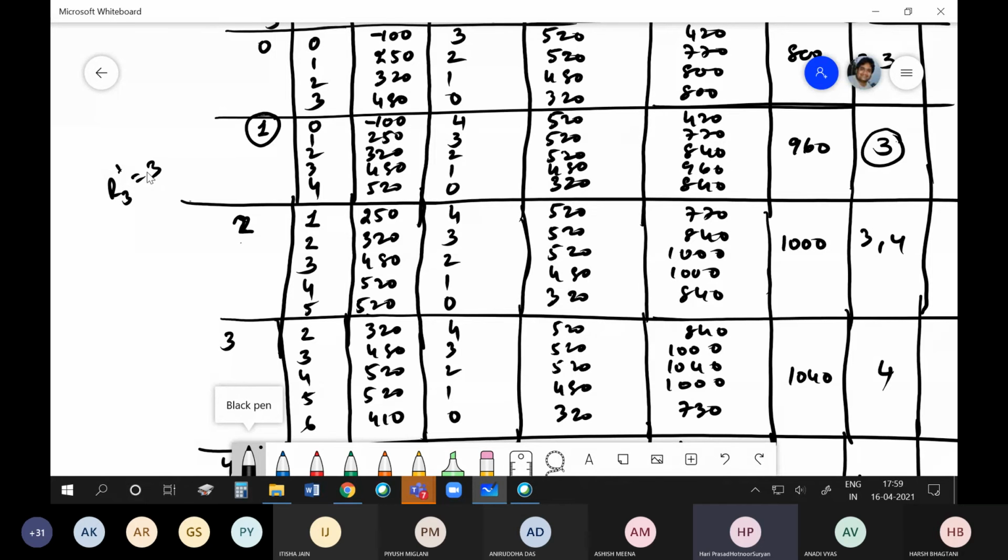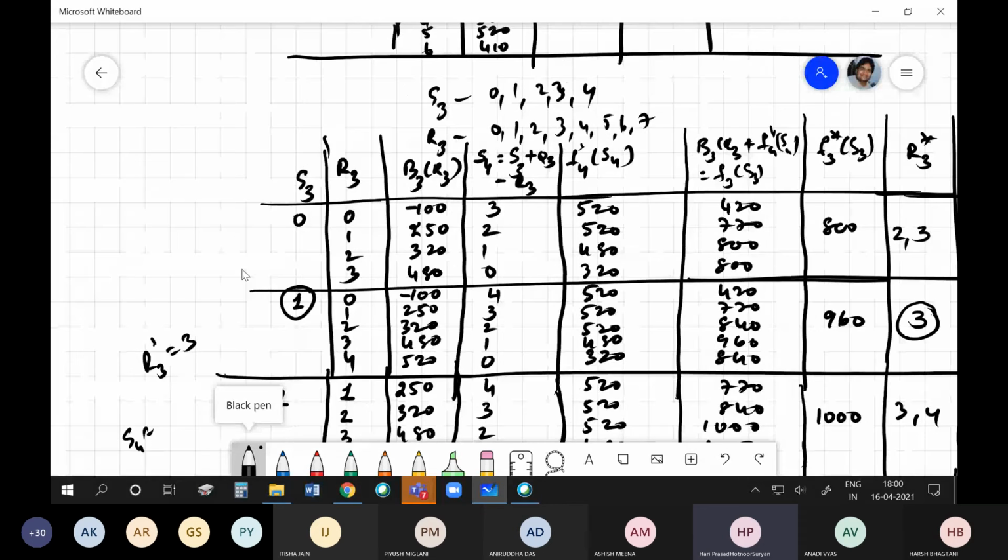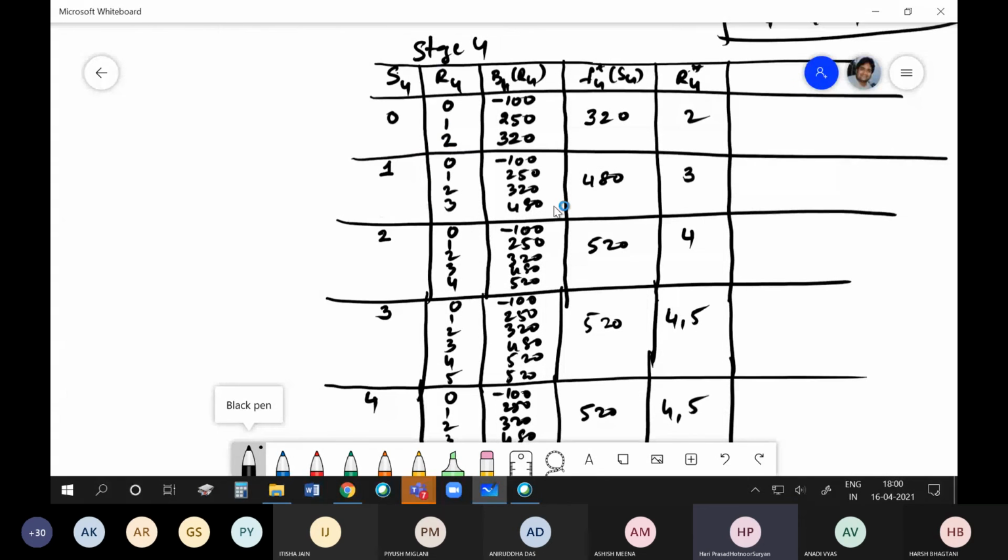R2 star from stage 3 is 1. Then once I get that, what will be S4? 1. The corresponding release is 3. So the optimal releases will be 1, 1, 3 and 3. Is it clear?